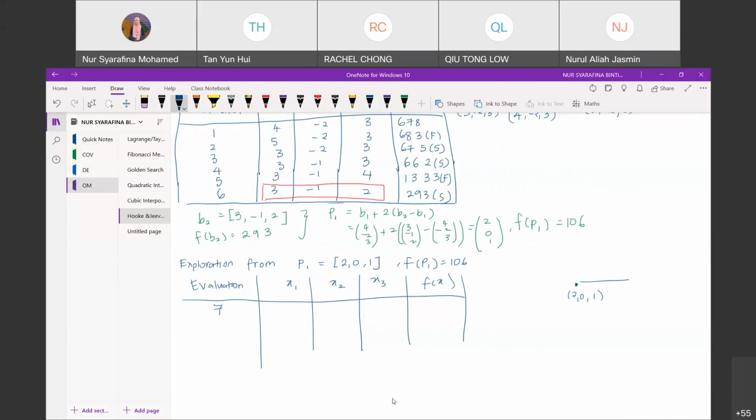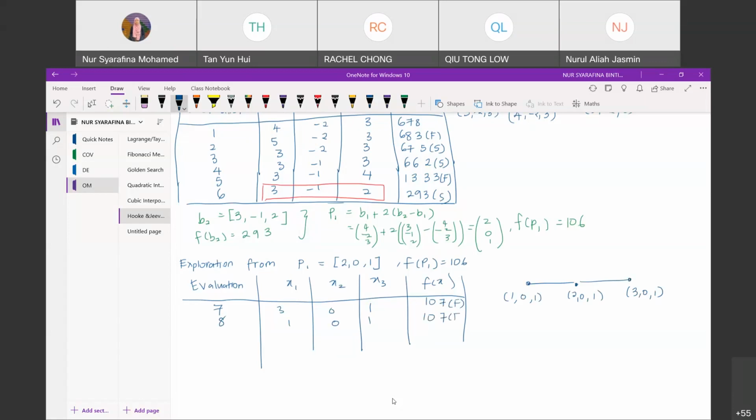Move to the right, you will get (3, 0, 1). Your function is 107, which is a fail. Then we move to the left, which gives you (1, 0, 1), and the value is 107.